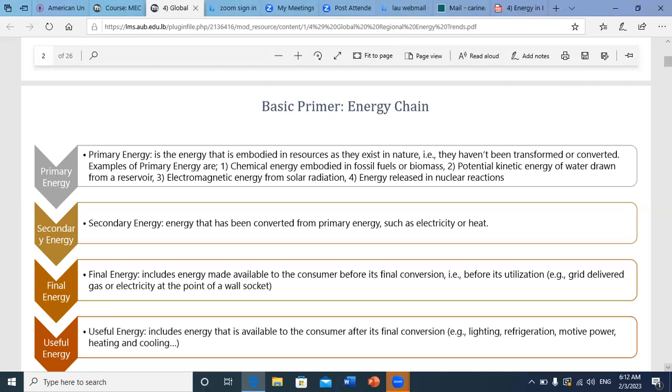Now, when we talk about energy, we should be familiar with the energy chain. We know that energy can be in several forms. When we talk about primary energy, as the name indicates, it's the primary state of energy without modification. So it is the energy that is embedded in resources as they exist in nature. They haven't been transformed or converted. We can talk about several examples of primary energy, including chemical energy embodied in fossil fuels or biomass, the potential energy of water drawn from a reservoir.